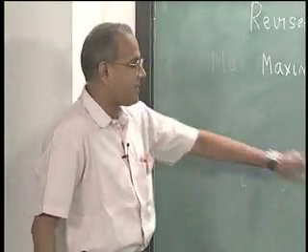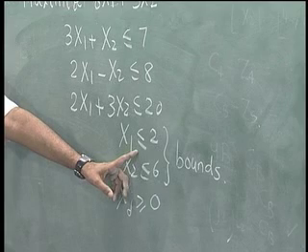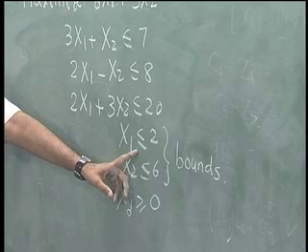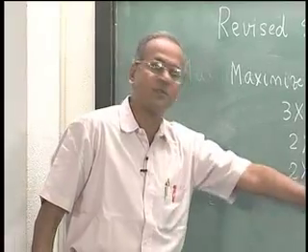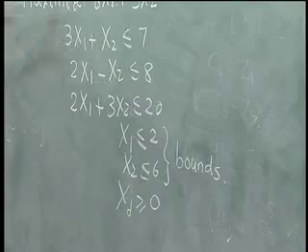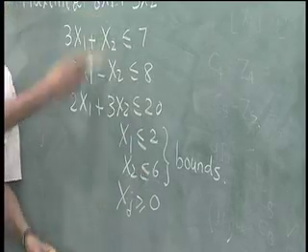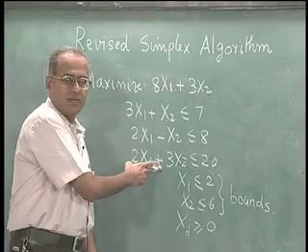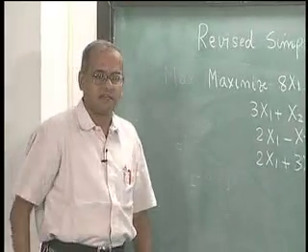So, if we do not treat this as a bound and treat it separately, we end up having 5 constraints and inverting a 5 by 5 matrix in every iteration. Whereas, if we pull these two out and solve the resultant 3 constraint problem, also making sure that these bounds are satisfied, then we end up having a 3 by 3 matrix to invert in every iteration.